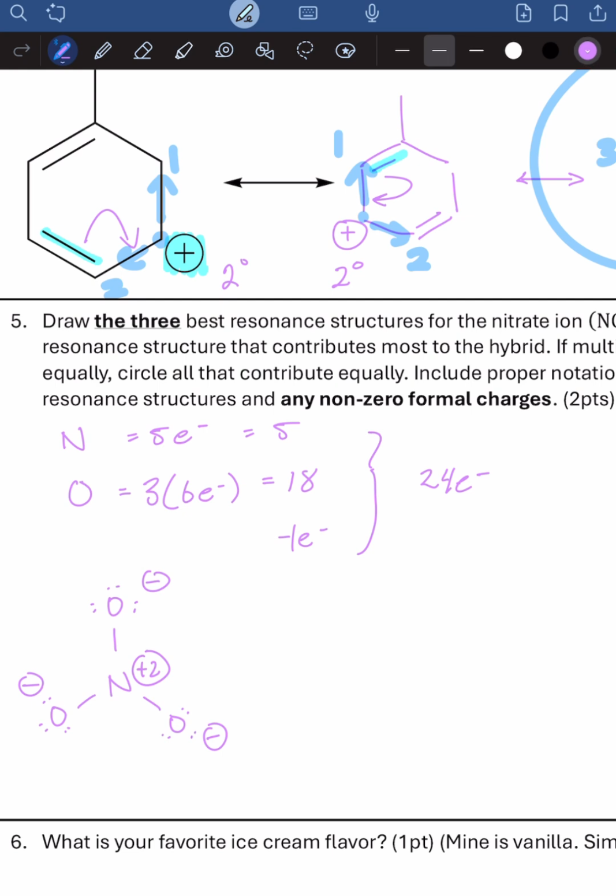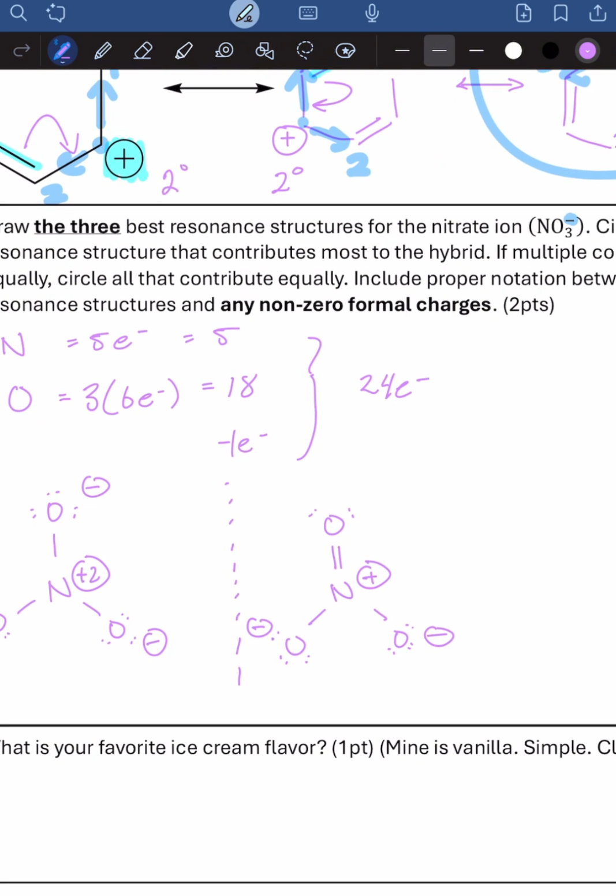So instead, the resonance structure is going to look something like this, with one of the oxygens forming a double bond. And a positive charge here. So this is going to have an overall net charge of -1.